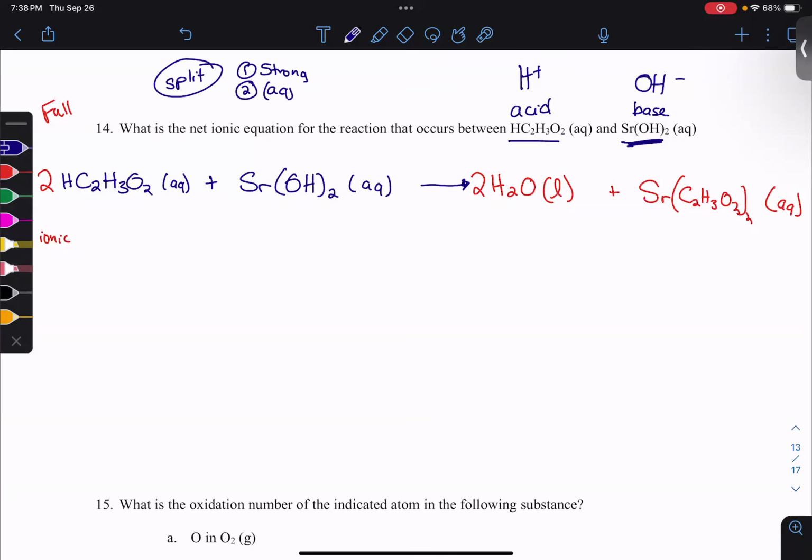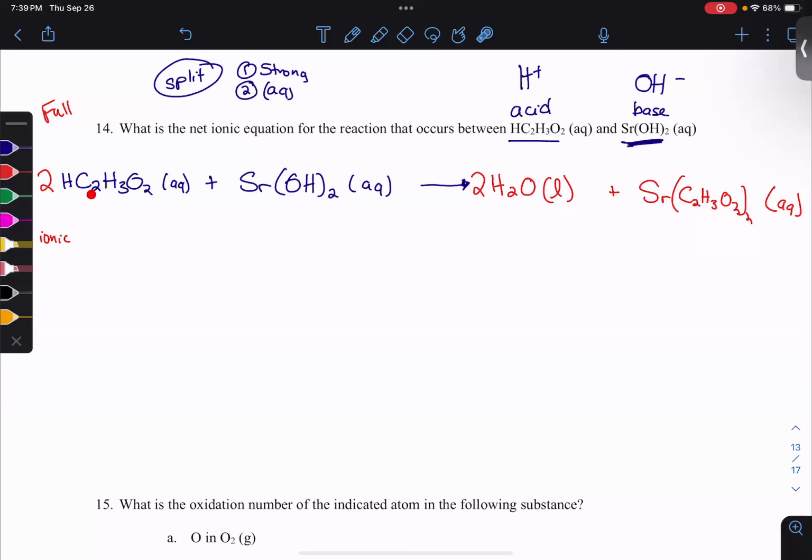If you have something that's a strong electrolyte and it's a solid, do you split it up for the full ionic equation? No. It has to be a strong electrolyte and aqueous. I like to go through every single thing and ask myself, is it those two things? If it is, then I split it. So this first thing, is it a strong electrolyte?